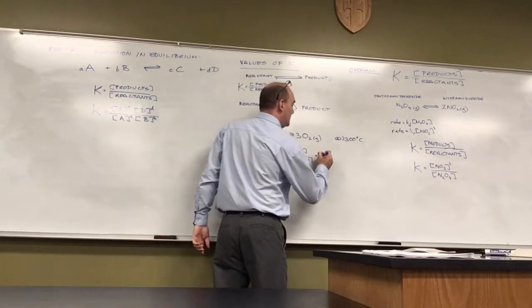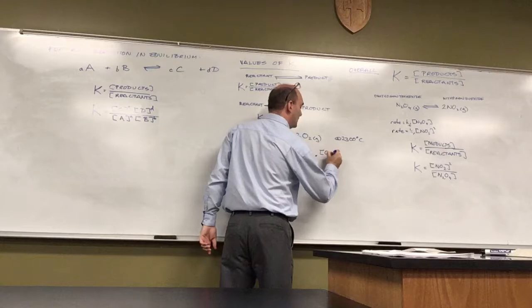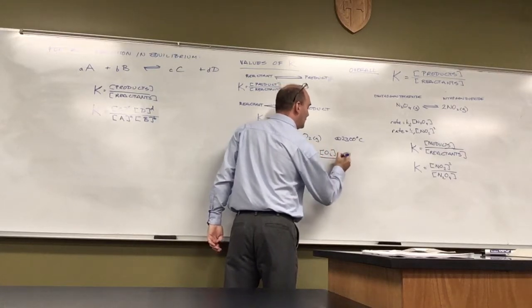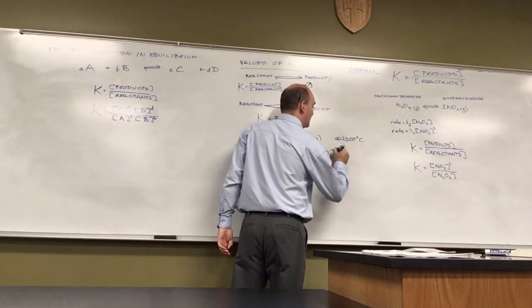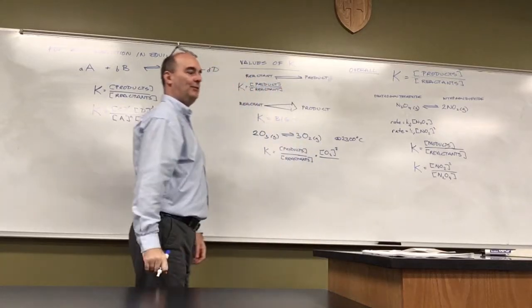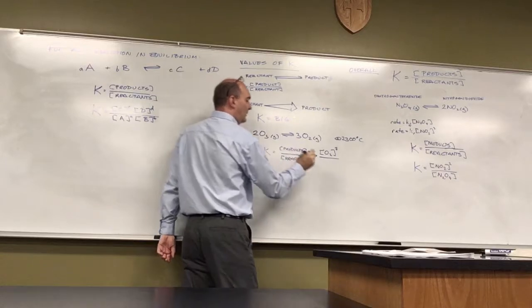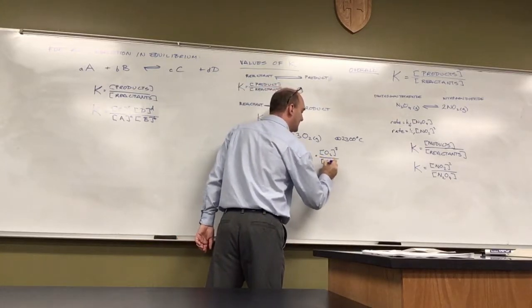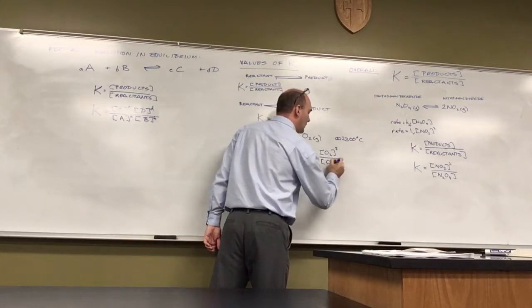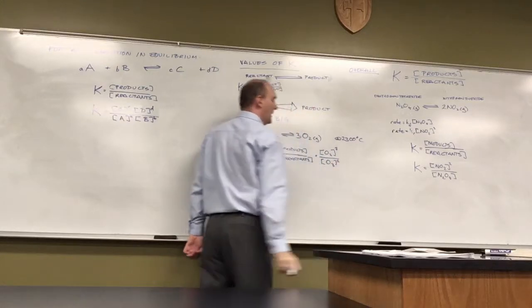I have 3 molecules of oxygen, so that is an O2, concentration of O2 raised to the power of 3. And then underneath it, I'm going to have the concentration of my reactant, which in this case is ozone, O3, raised to the power of 2.